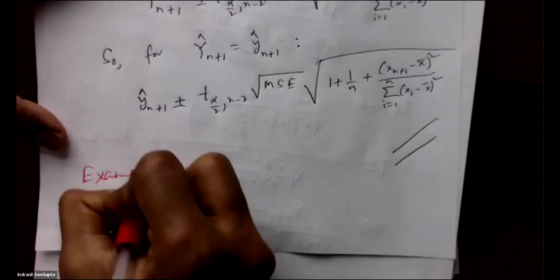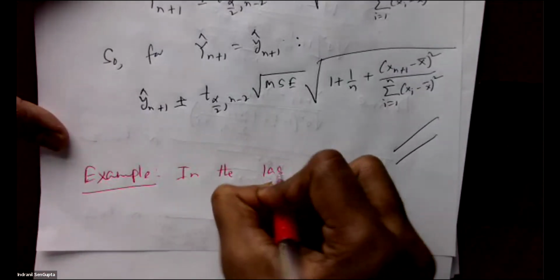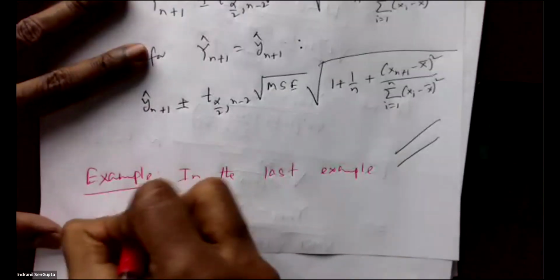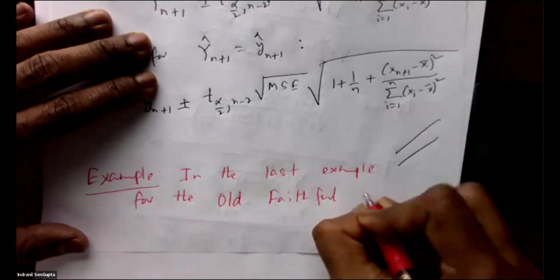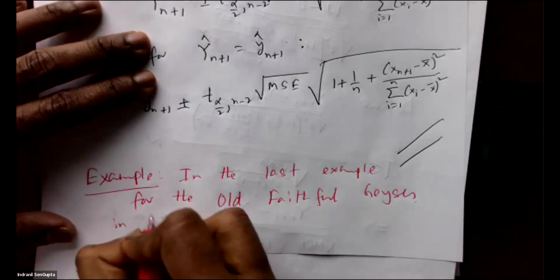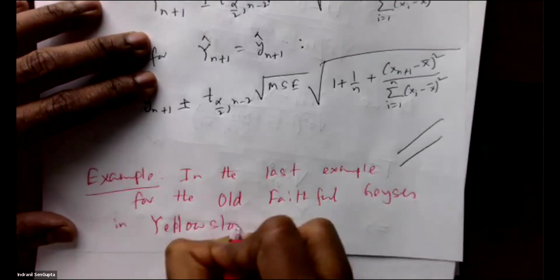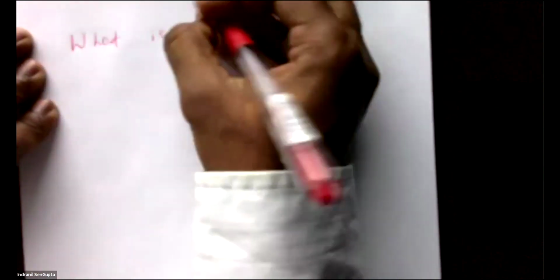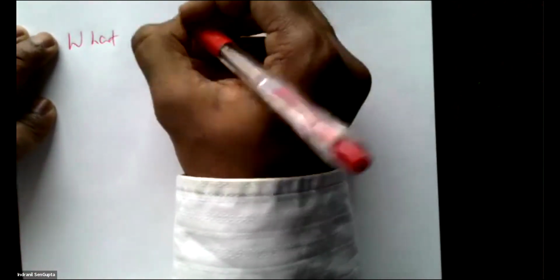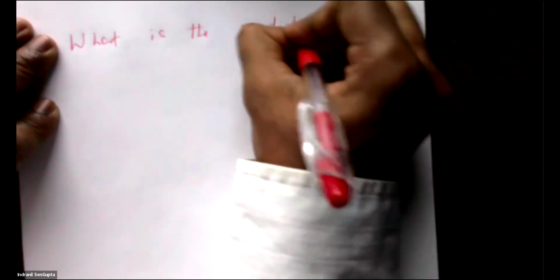So, example. In the last example, for the Old Faithful geyser in Yellowstone National Park, what we're trying to find here is the following. What is the predicted time?